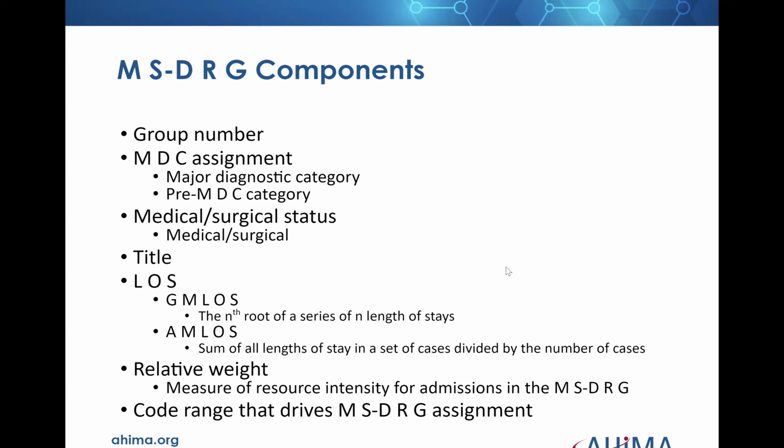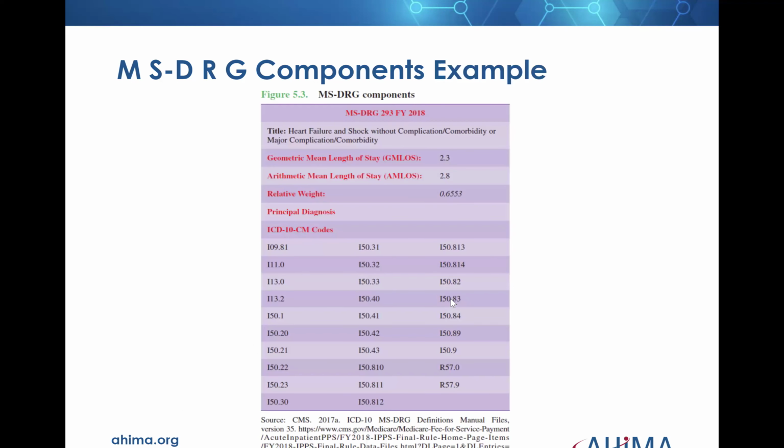And then we have the relative weight, which measures the resource intensity for the admissions, and the code range. And this is where the codes drive the MSDRG assignment. You can see here, for some of these heart failure codes, they fall into MSDRG 293 for fiscal year 2018. And note that the geometric mean length of stay is 2.3.